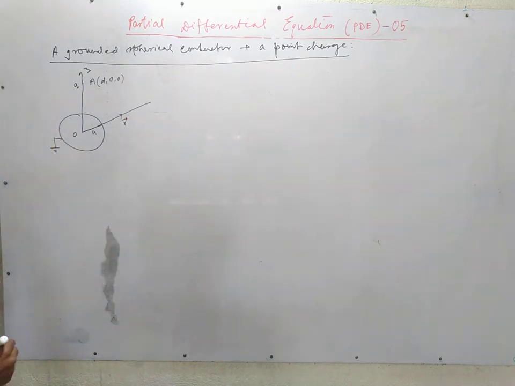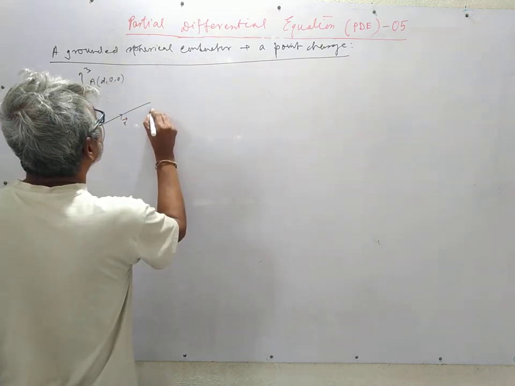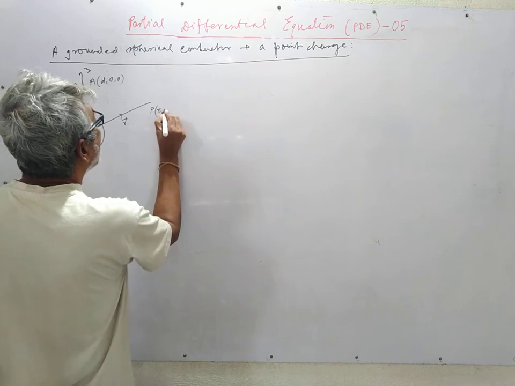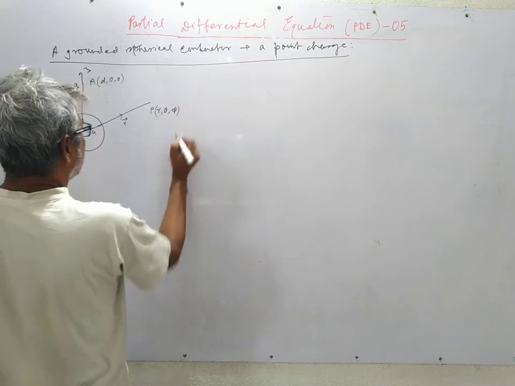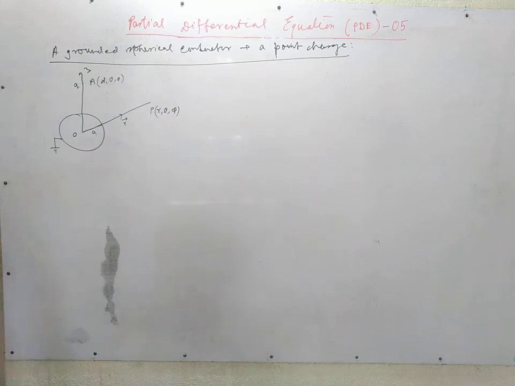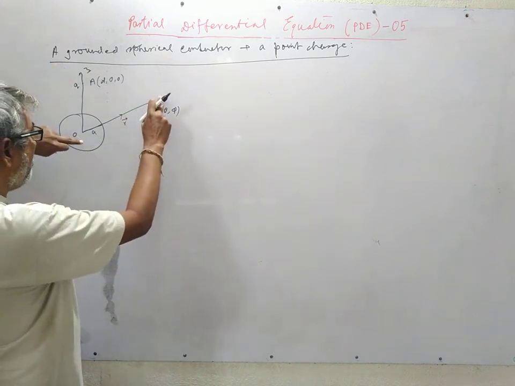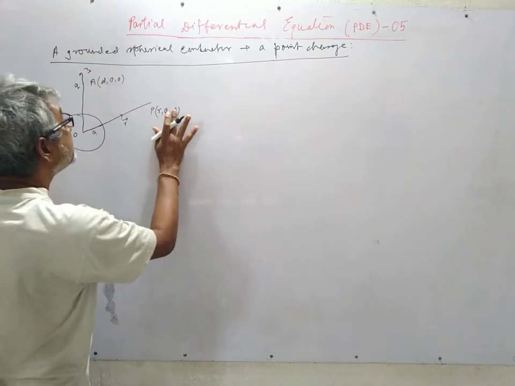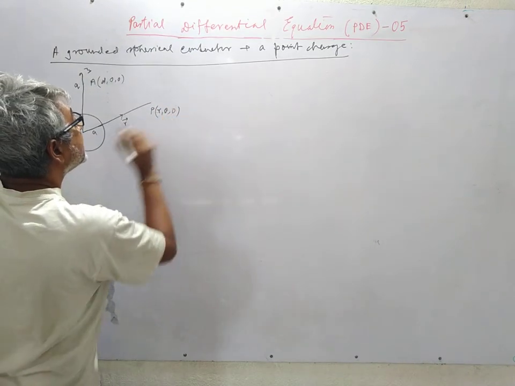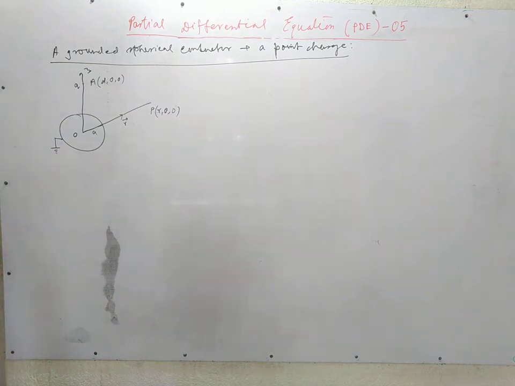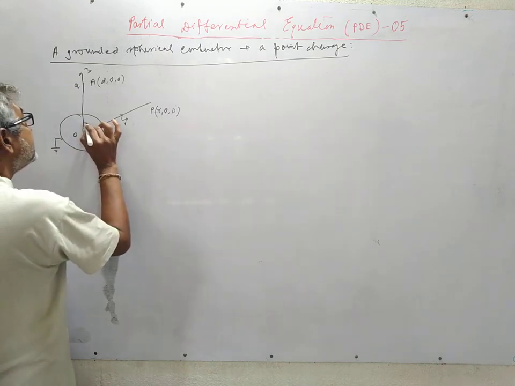At a point r, in general, the point P will have coordinates r, theta and phi. But if we consider that the lines OA and OP lie in the phi equal to 0 plane, then the coordinates of P are r, theta and phi equal to 0, where theta is this angle.